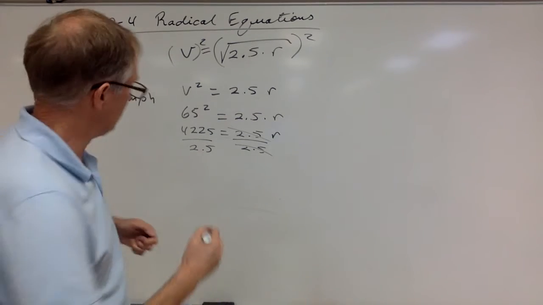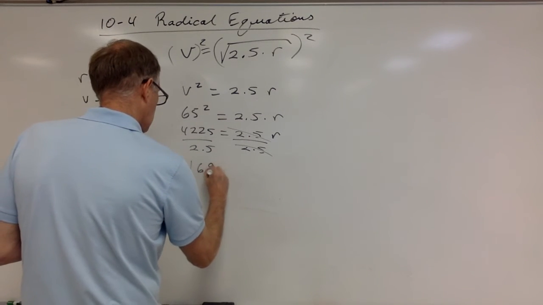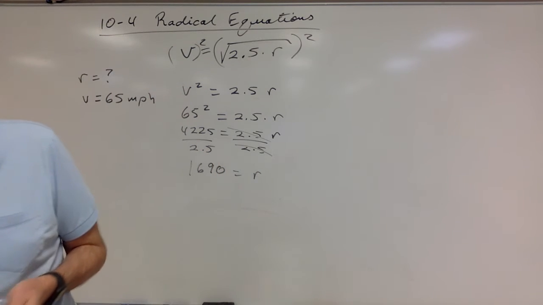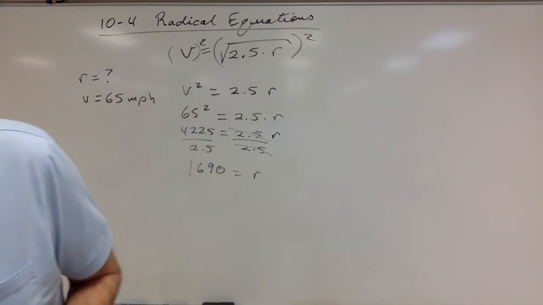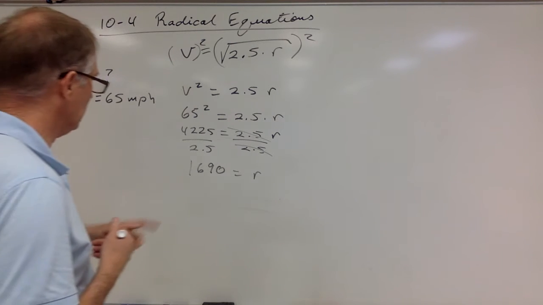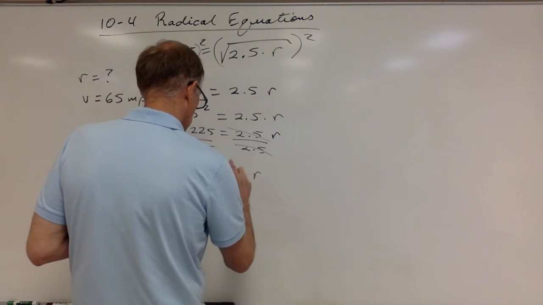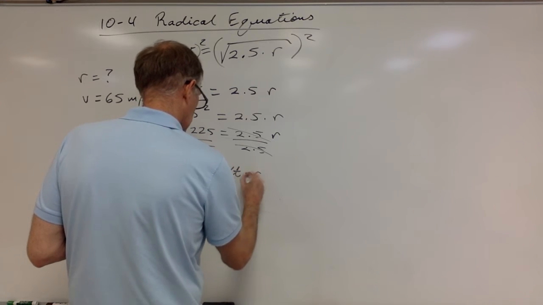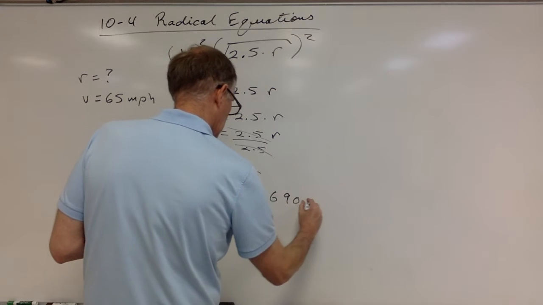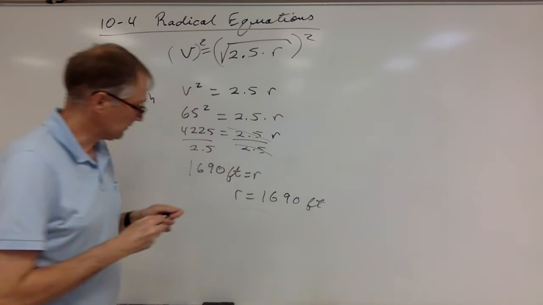And that comes out to be 1,690. This is in feet, the way that they've done it. Or I can write it, r equals 1,690 feet. That's the radius of the turn.